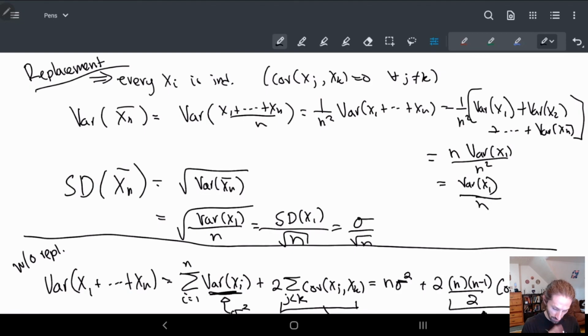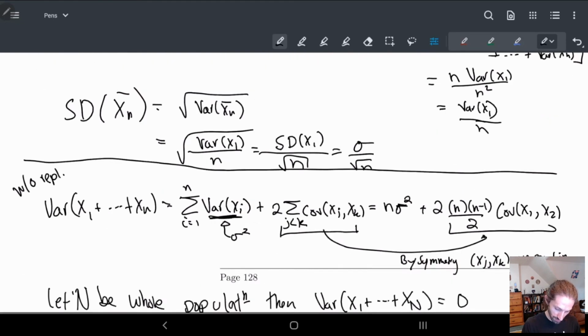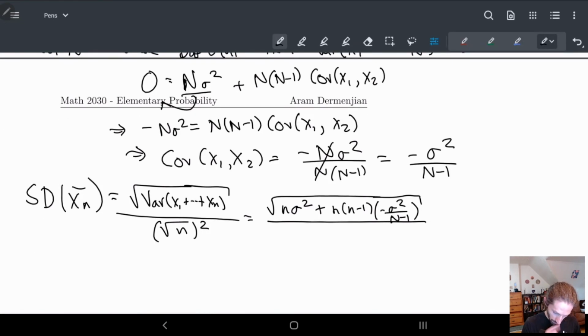Oh, because we can't do that trick from before because we don't have the variance. Never mind. So the problem here is I can't really pull this out yet. That was my fault. But what we do know is this.